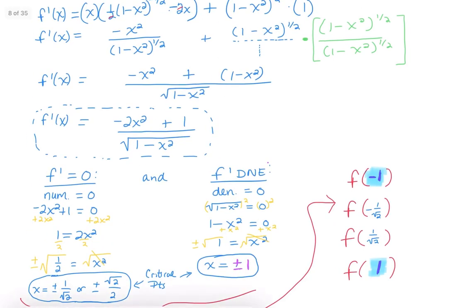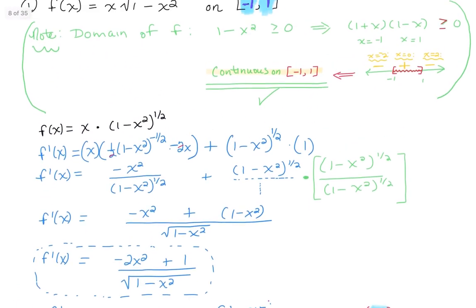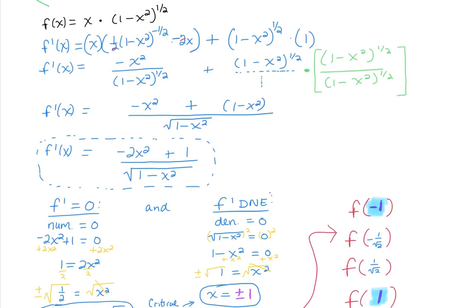Okay, so as we plug these values back into our original function, the original function was x times the square root of 1 minus x squared.